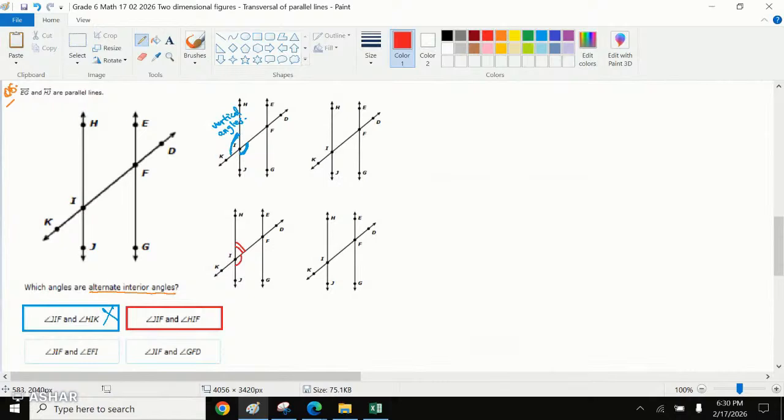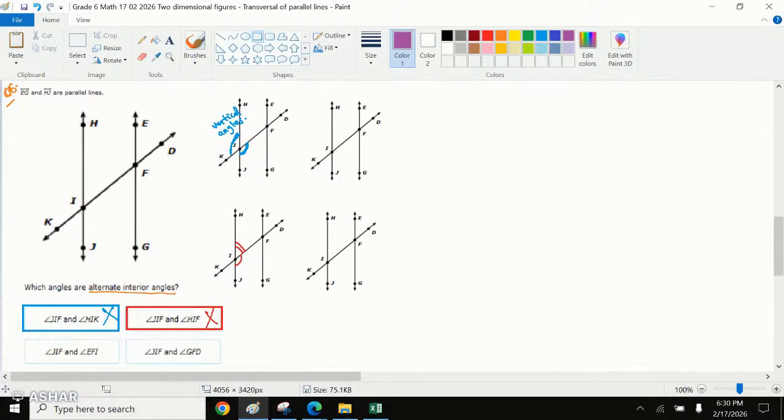We just did this kind of a question, and they're not right. They are supplementary, right?